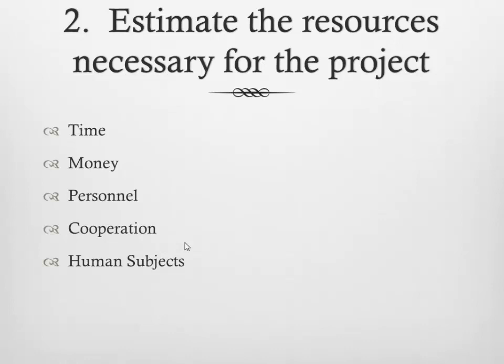Sometimes they ask you to make some changes and then resubmit it. So that whole process needs to be considered when you're thinking about the resources. It's particularly important when you're thinking about the time that you have, because you have to build in some time for that human subjects component.